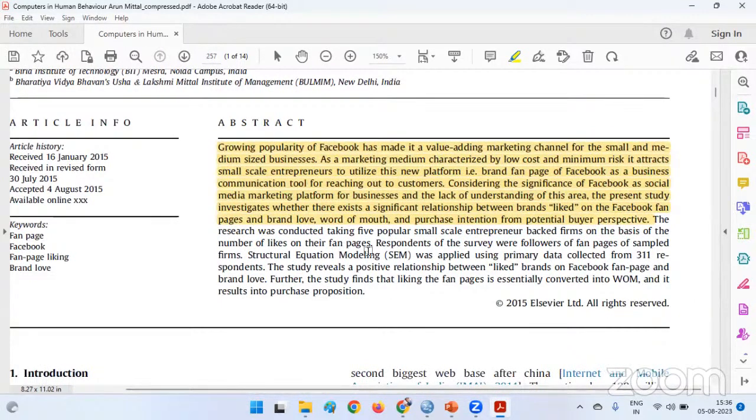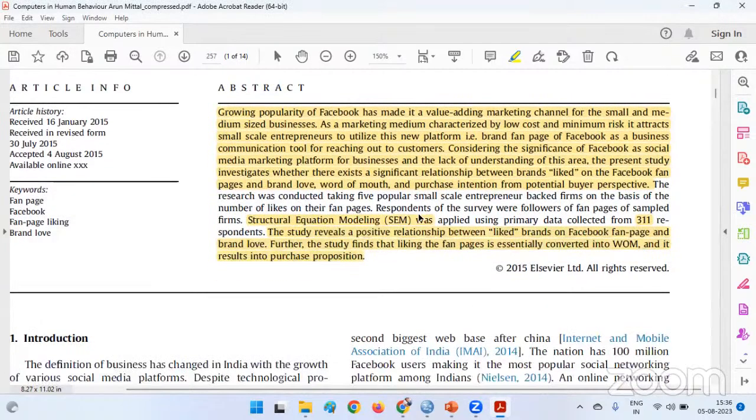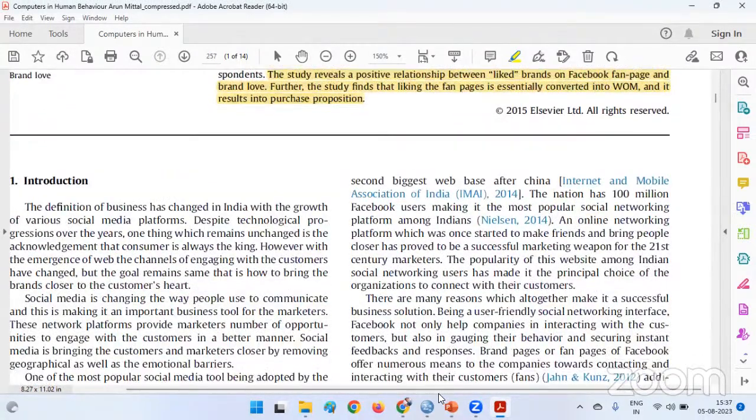So the research was conducted taking 5 popular small-scale entrepreneurs-backed firms on the basis of the number of likes on the fan pages. Respondents of the survey were followers of the fan pages sampled from. Structural equation modeling was applied, 301 responses, and these are the findings. The study reveals a positive relationship between likes of brands on fan pages and brand love. So this is the way that we begin.